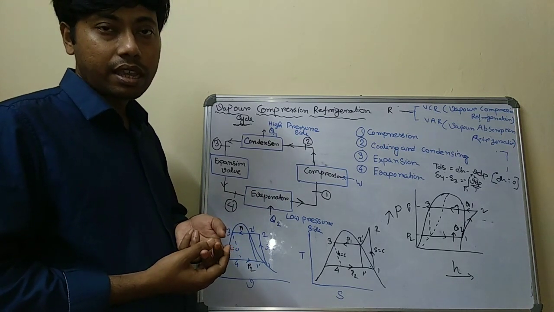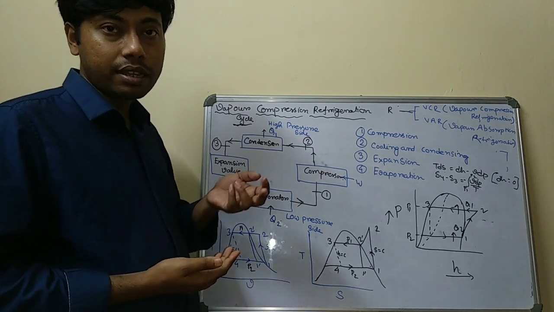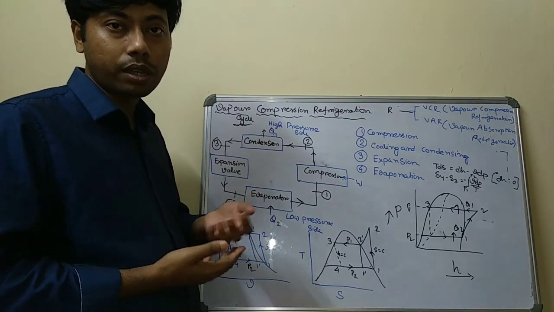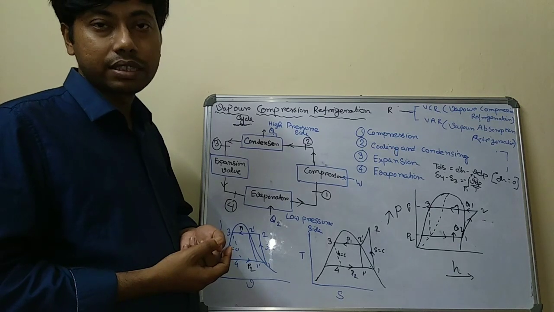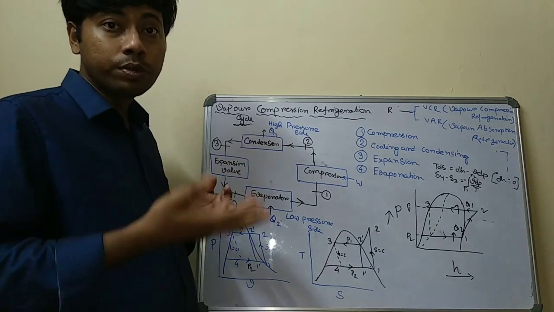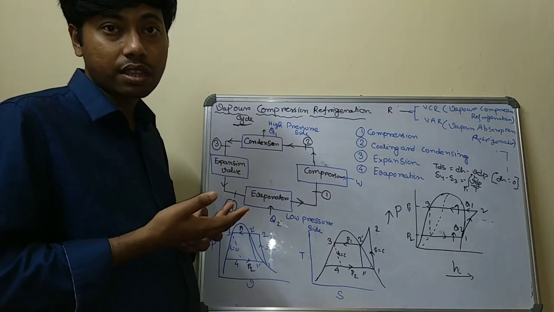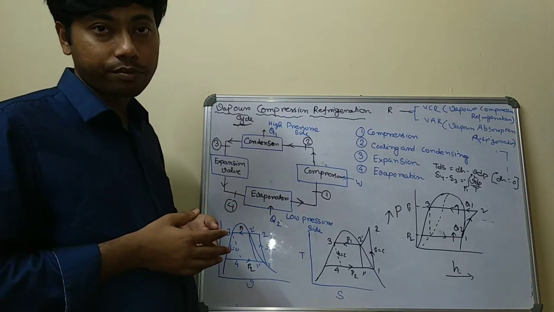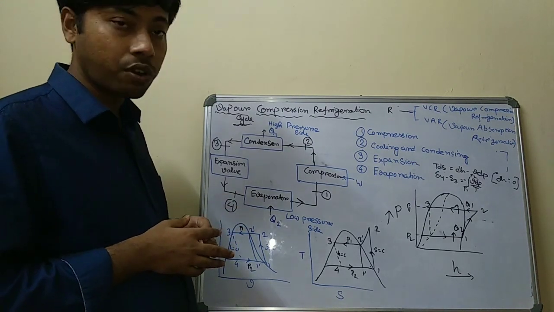If you go through the component parts of the VCR cycle, you can see there are more moving parts, so noise occurs in the system. These are the main points regarding the VCR system.